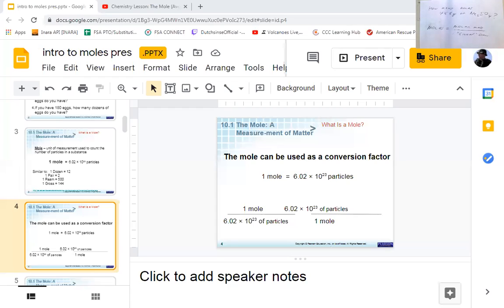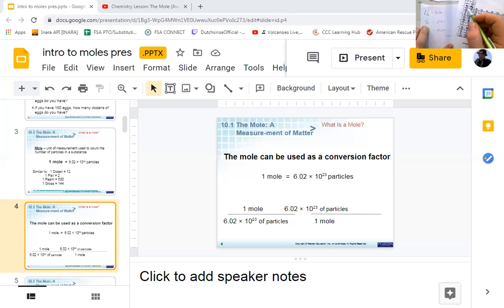It's Na2SO4. Let's find the molar mass. Na equals 2. Here's the Na here.